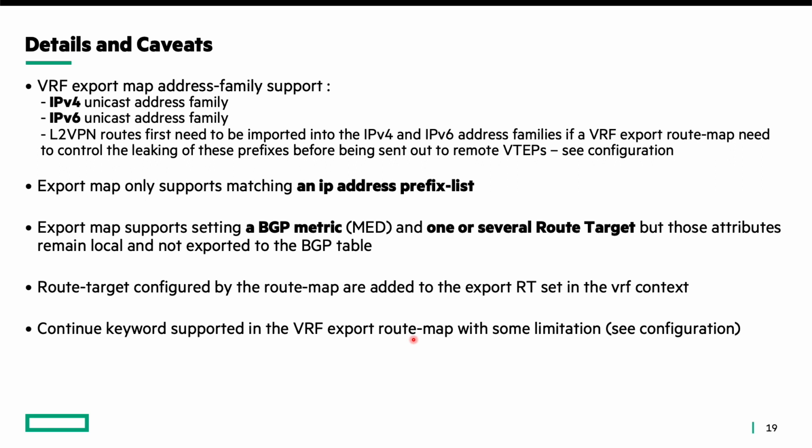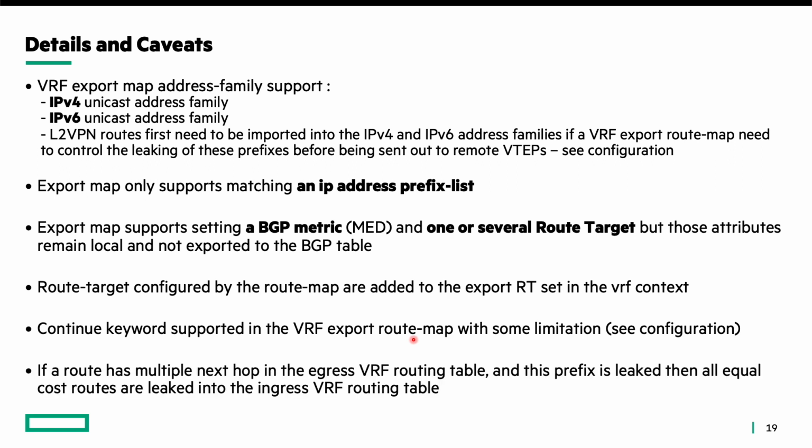It's not possible yet today to add a set route target in different, I would call them cascaded, sequences. Now, if a route has multiple next hops, all the next hops, so all the ECMP routes, will also be leaked to the ingress VRF.